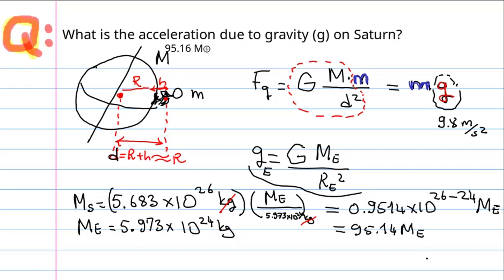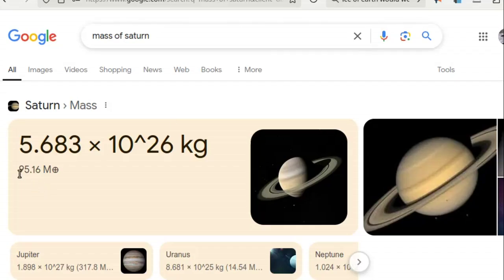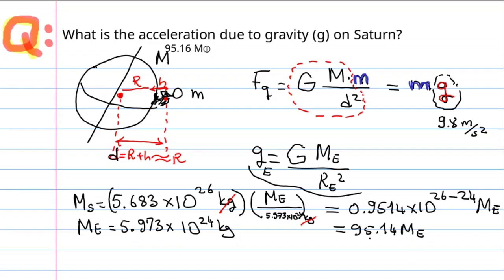To be more precise, it's also given here as 95.16 mass of Earth. So either 16 or 14, depending on the rounding you use. That's the relation between the mass of Saturn and the mass of Earth.